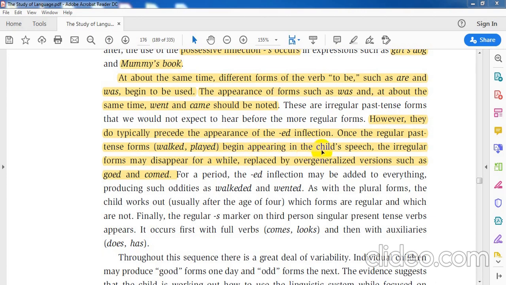Now they begin appearing in child speech. The irregular forms may disappear for a while. You see, for a while, replaced by overgeneralized versions such as goed and comed instead of went and came.